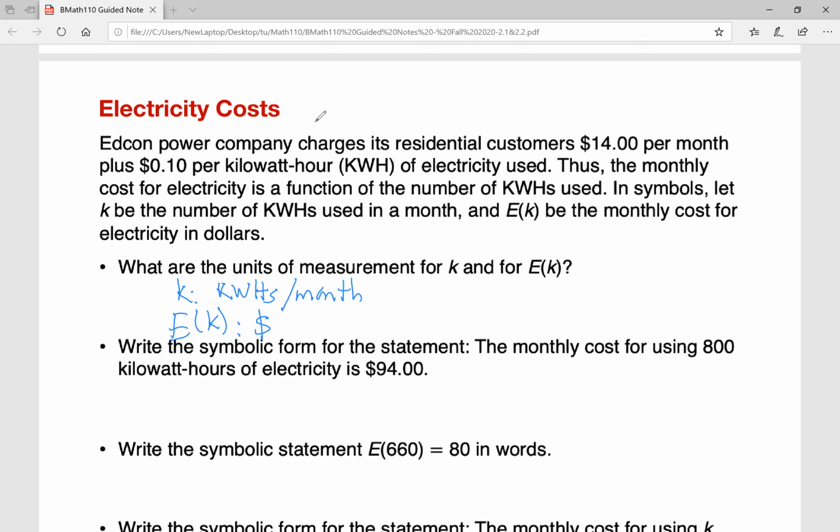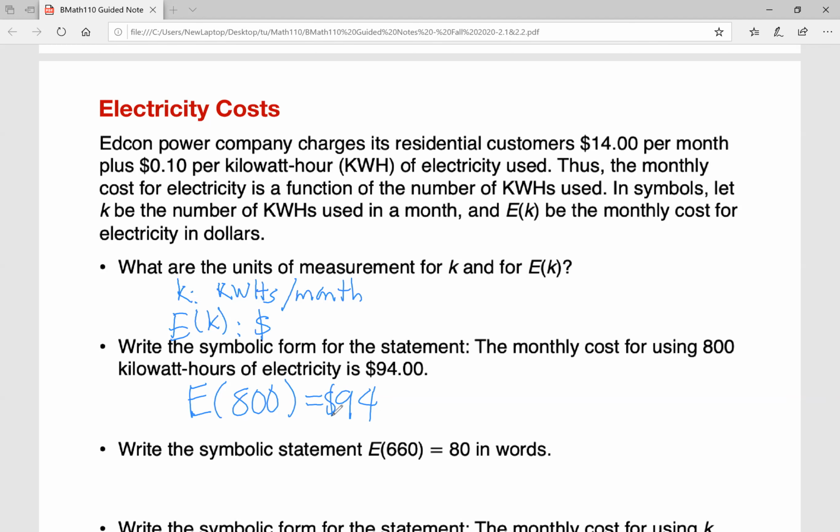Now, write the symbolic form for the statement. The monthly cost for using 800 kilowatts of electricity is $94. Okay, so we have E of 800 will be equal to $94.